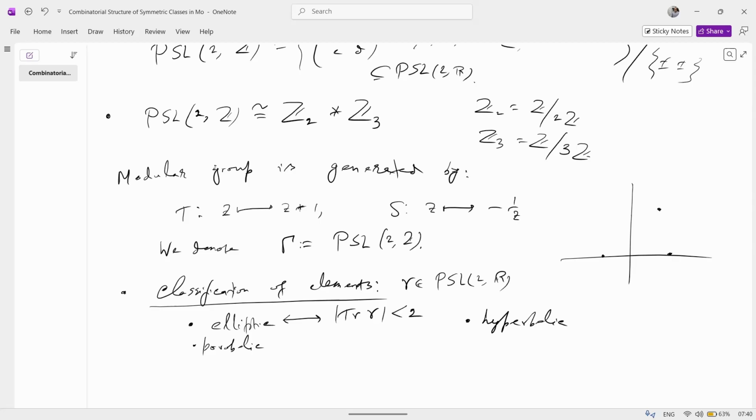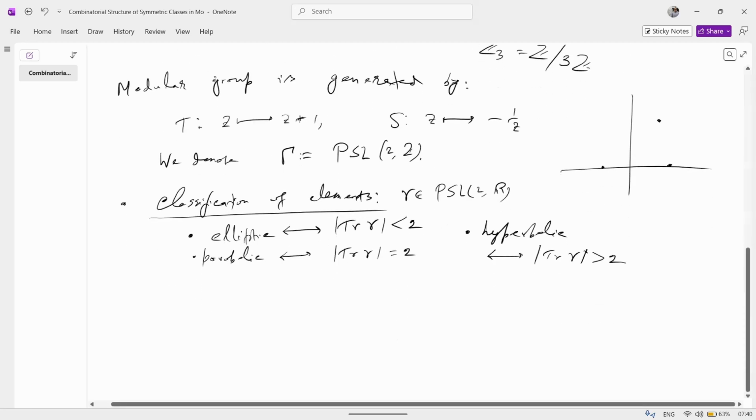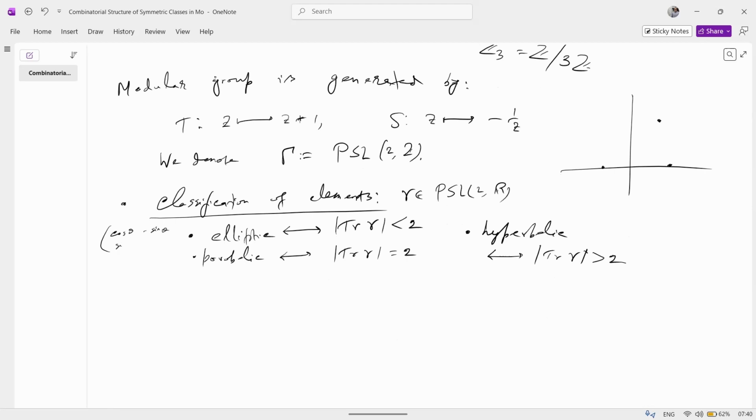Parabolic if and only if the trace of gamma is equal to 2, and hyperbolic if and only if the trace of gamma is greater than 2. So up to conjugacy, elliptic elements are cosine theta, minus sine theta, sine theta, cosine theta. Parabolic elements are translations, and hyperbolic elements are diagonals with at least one eigenvalue greater than 1.